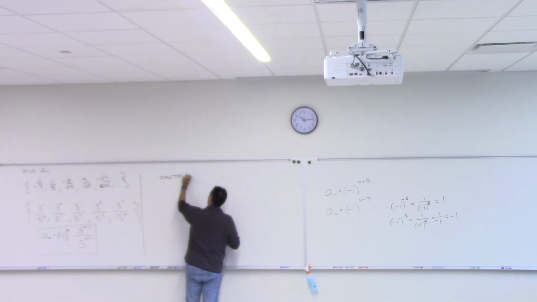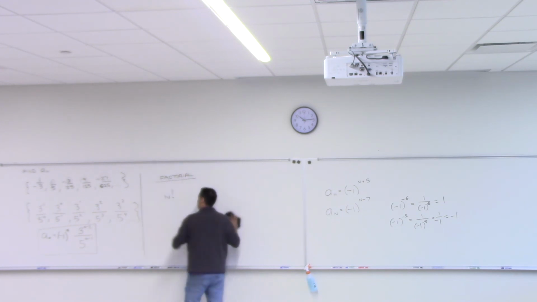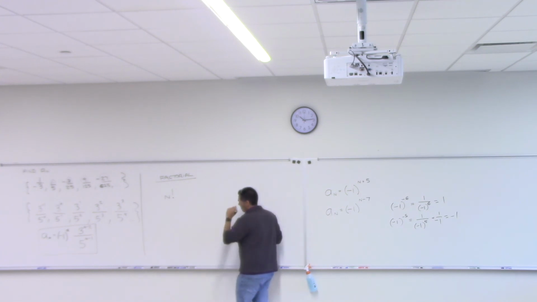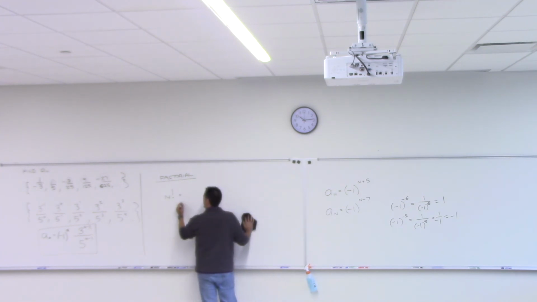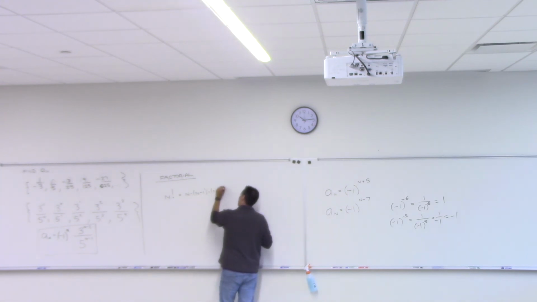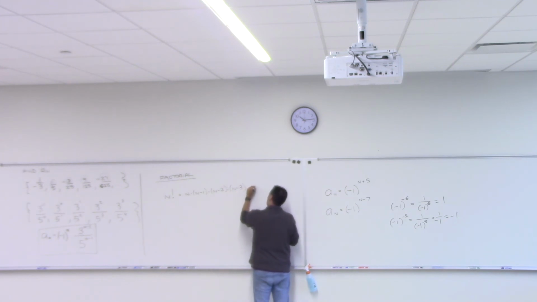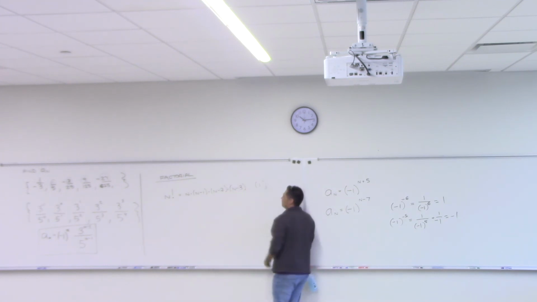Factorial, we've talked about factorial already in this class. N factorial. By definition, this is equal to n times 1 less than n times 2 less than n times 3 less than n, and you keep doing that until you get down to a 1.